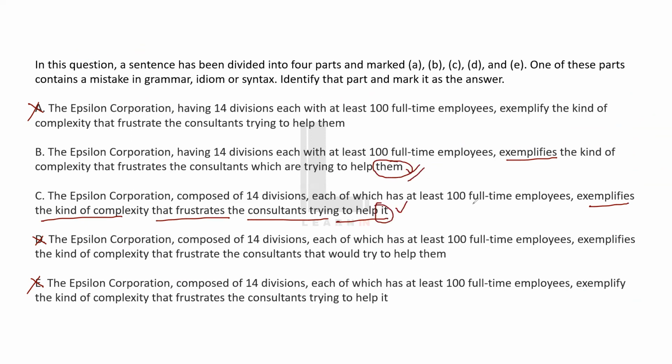This is the only thing that is left. What would come? Help it or help them? This is a pronoun, right? Help it or help them?